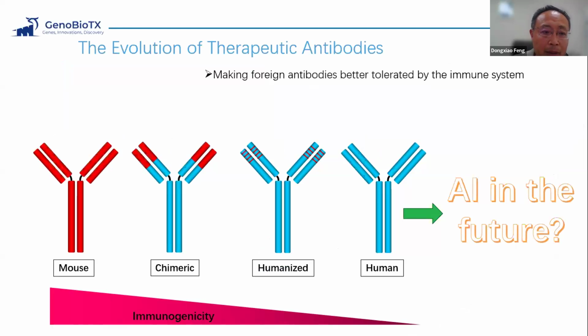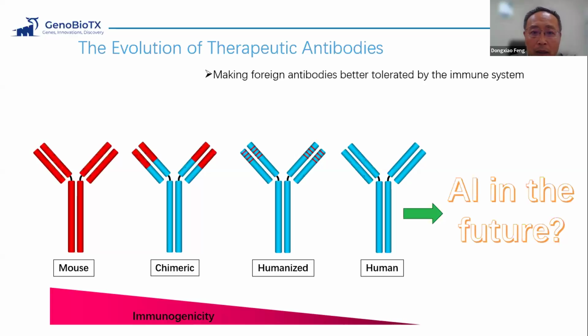At the beginning, people used mouse monoclonal antibodies, but then they found this very severe anti-mouse drug reaction in the human body, so they were taken off the shelf very soon. Then people started to use chimeric, humanized, or fully human antibodies. The purpose of developing therapeutic antibodies is to reduce the immunogenicity of all kinds of antibodies.